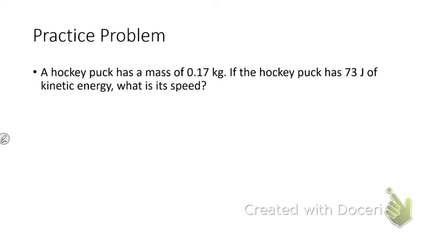Okay. So again, first thing we're going to do when we have a word problem, write down what we know, for sure. A hockey puck has a mass of 0.17 kilograms. The hockey puck also has 73 joules of kinetic energy.